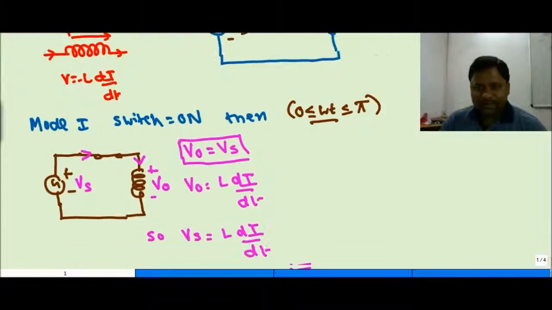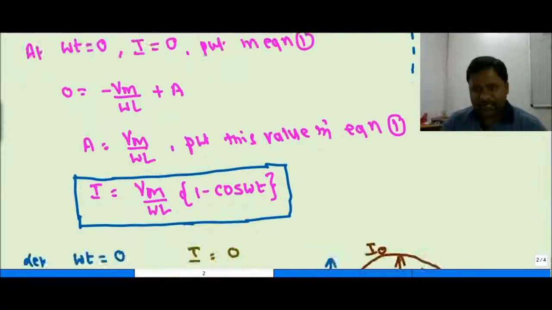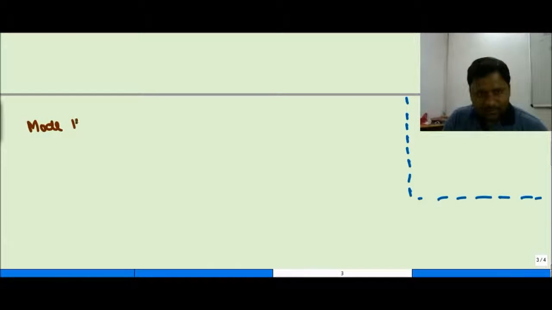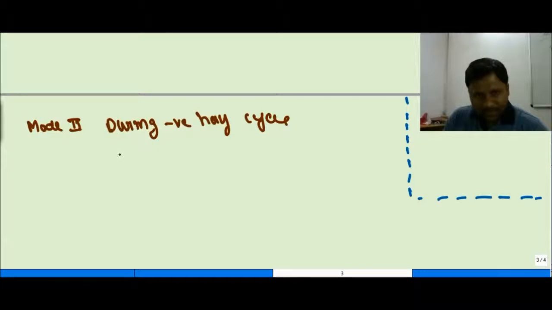Now, during the negative half cycle, what will happen? In mode 2, during the negative half cycle, pi is less than or equal to omega t less than or equal to 2 pi.